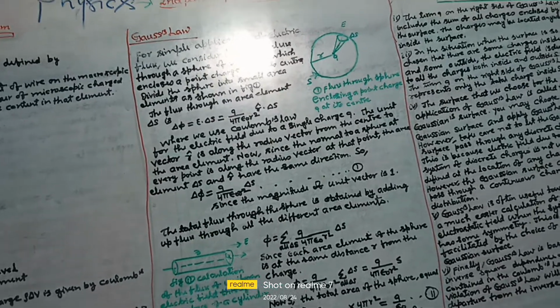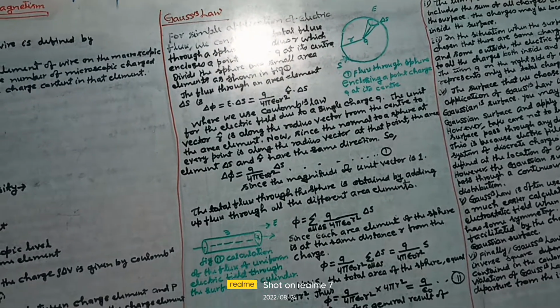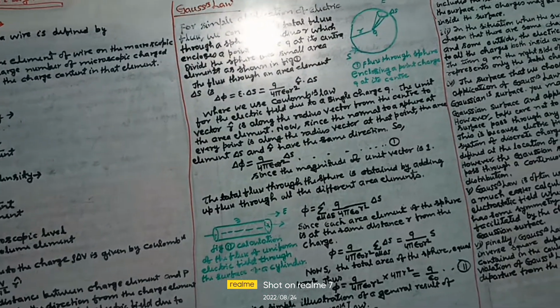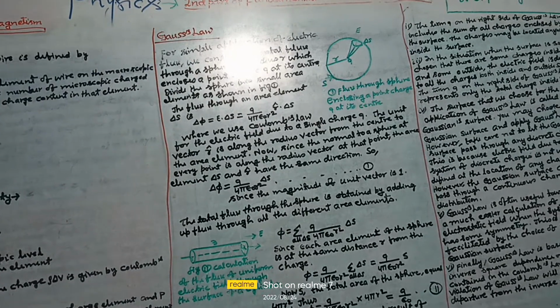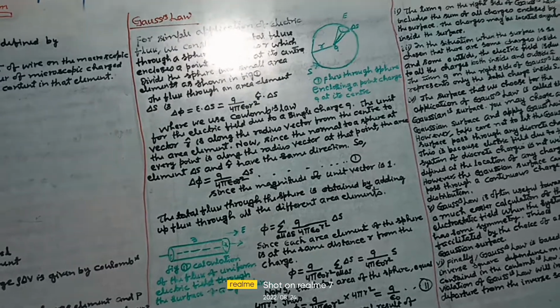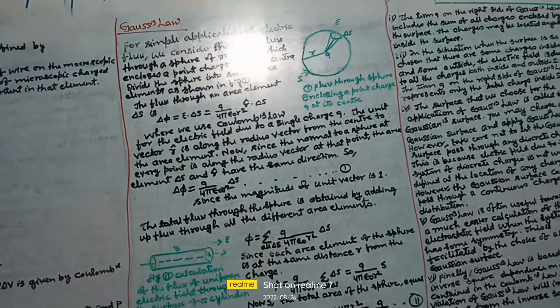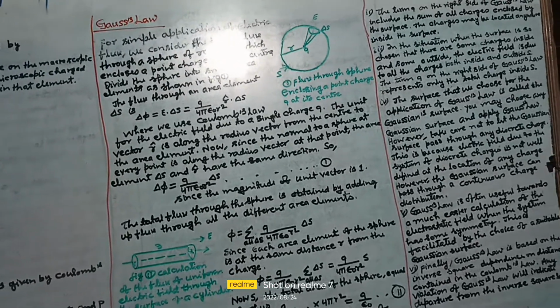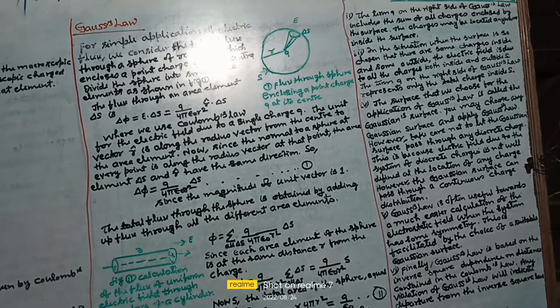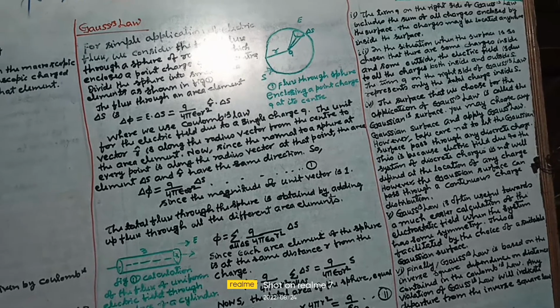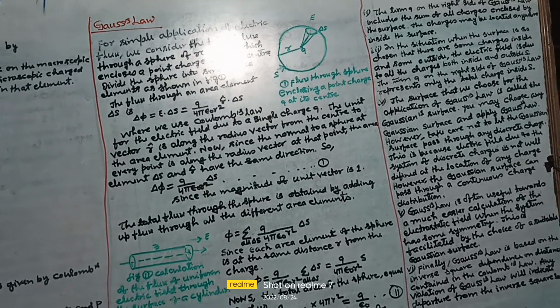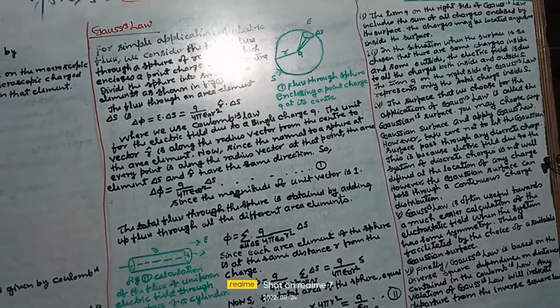The flux through an area element delta S is delta phi equals E dot delta S equals Q by 4 pi epsilon naught R square, unit vector R, dot delta S, where we use Coulomb's law for the electric field due to a single charge Q. The unit vector R is along the radius vector from the center to the area element.